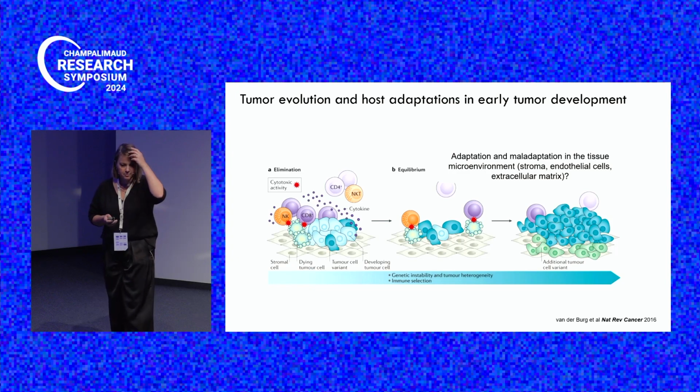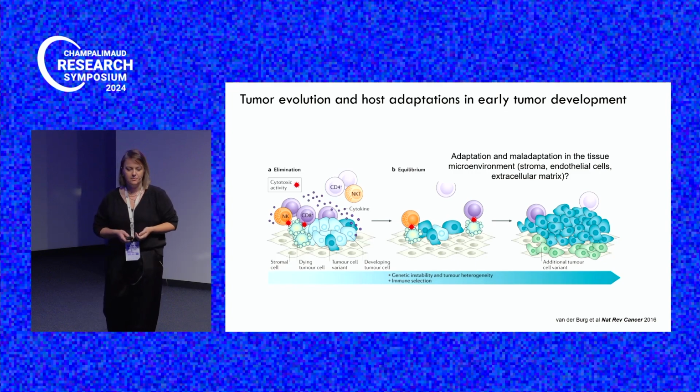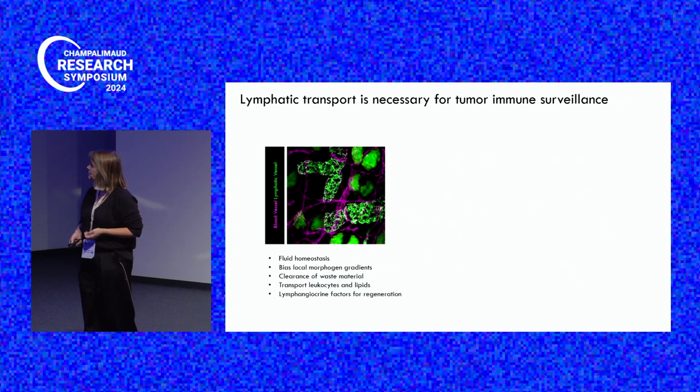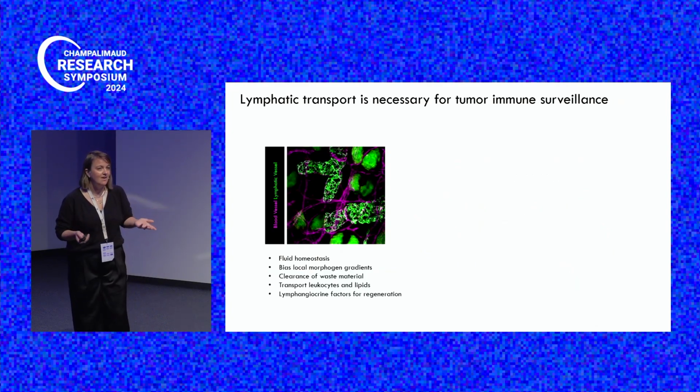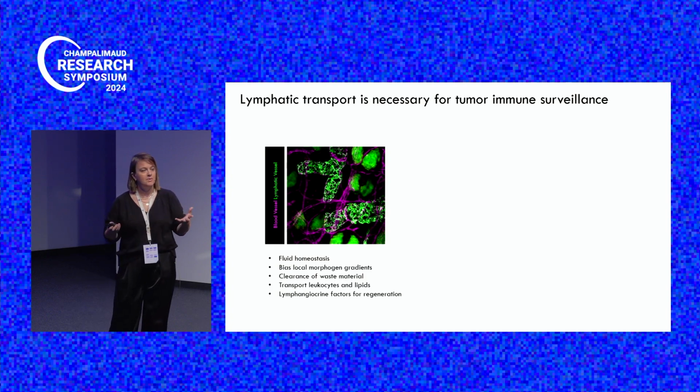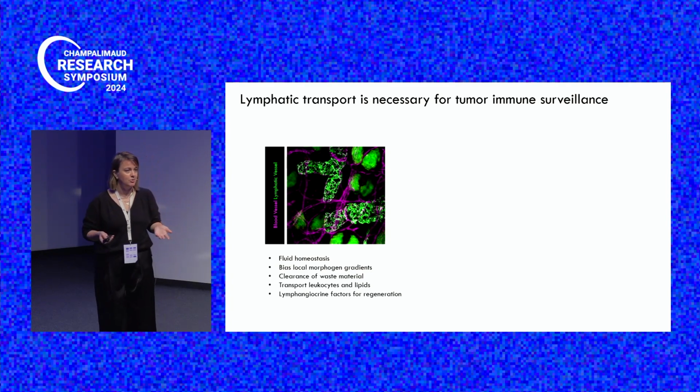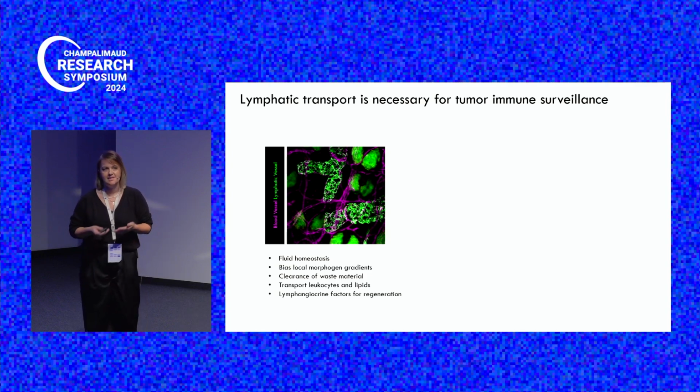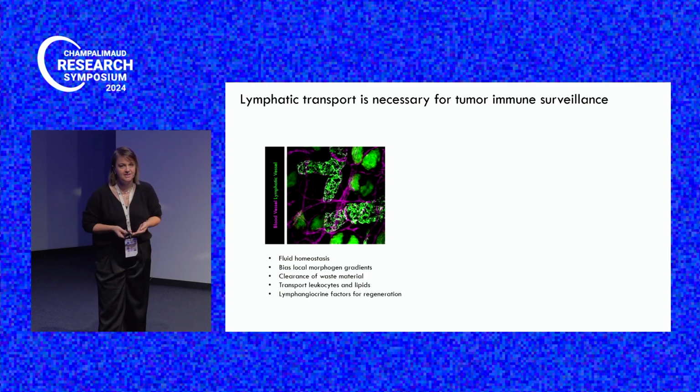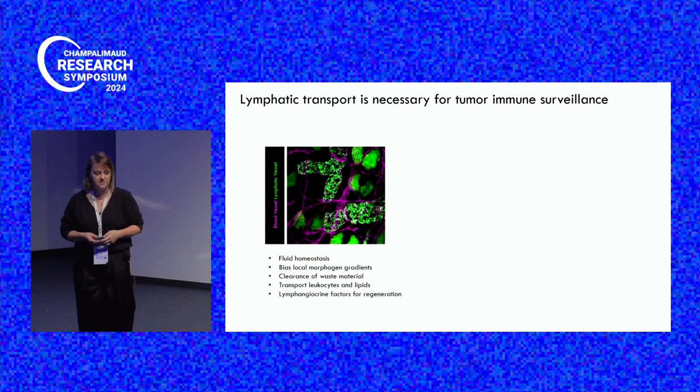And so the structural component that we think a lot about are the lymphatic vessels. These are the requisite vessels that direct, obviously, fluid homeostasis, so the movement of interstitial fluids out of our tissues to be filtered through lymph nodes. They play a very important role in biasing local morphogen gradients. They present and express the chemokines that are necessary for migratory dendritic cells to make their way to the lymph nodes.